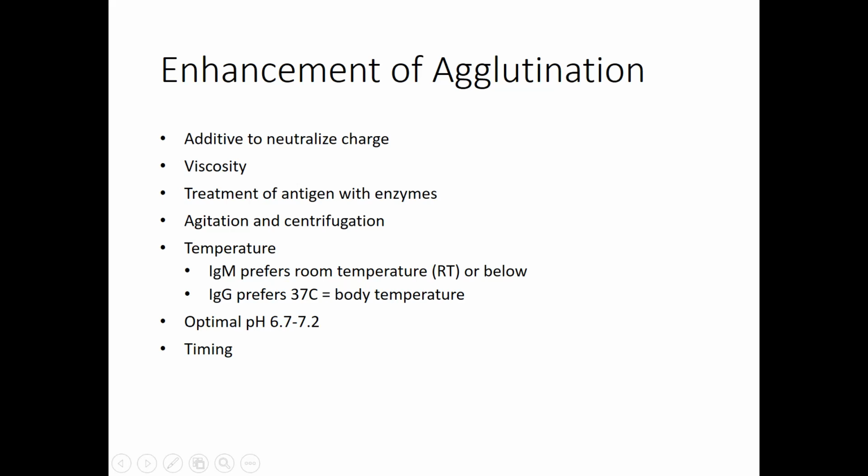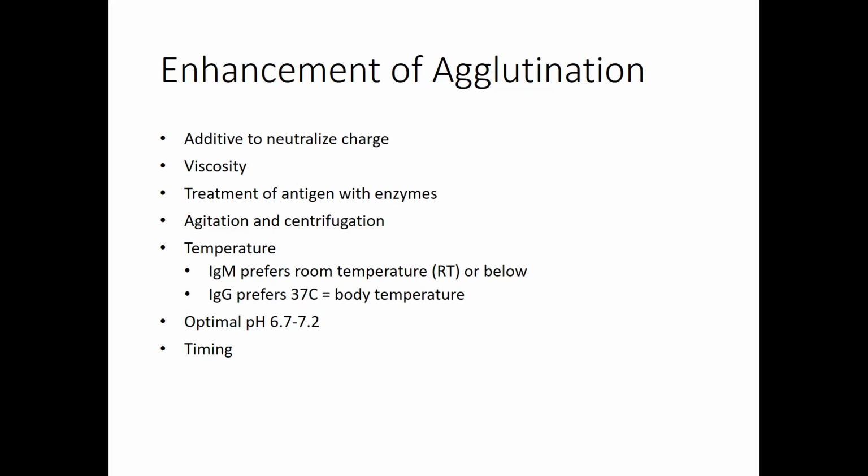We can use a solution in the blood bank called PEG, which has a goal of reducing the water around the cells, again, allowing that gap to narrow a bit. We can do some enzymatic treatment of the antigen. We can agitate or centrifuge mechanically. And in fact, in the blood bank, we do that little shake of the tube. We're going to agitate it a little, and we centrifuge as well.